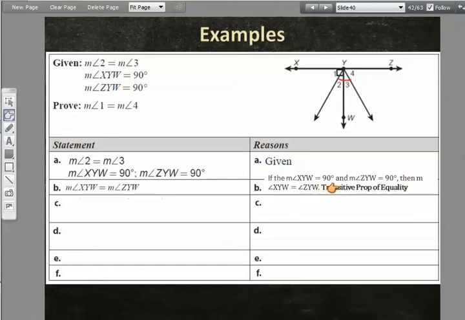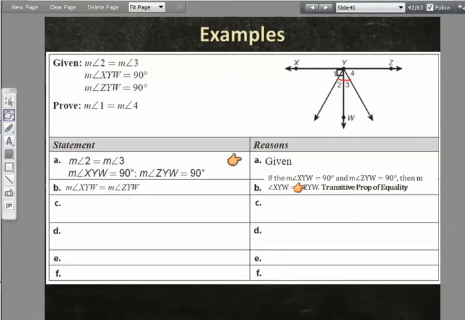Well, that's just going to be the transitive property of equality. We were used to seeing it saying, if A equals B and B equals C, then A equals C. Well, we're saying, if XYW equals 90 and ZYW equals 90, then XYW equals ZYW.